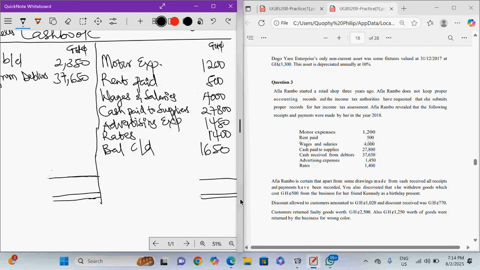The debit side is 40,000. Out of the credit side, 38,000.